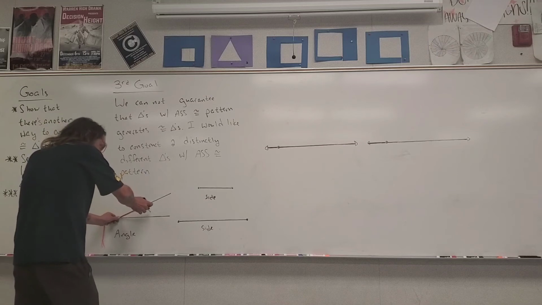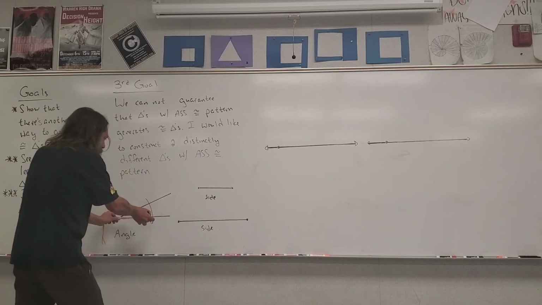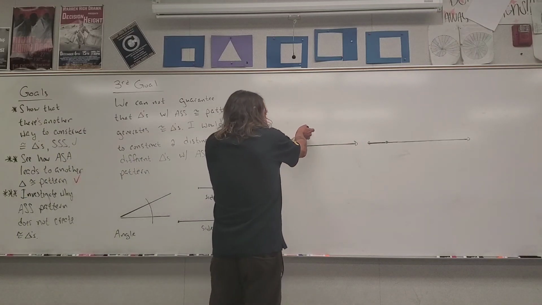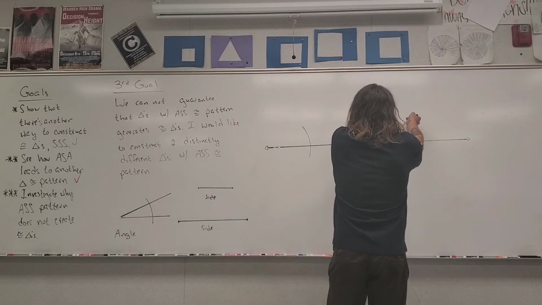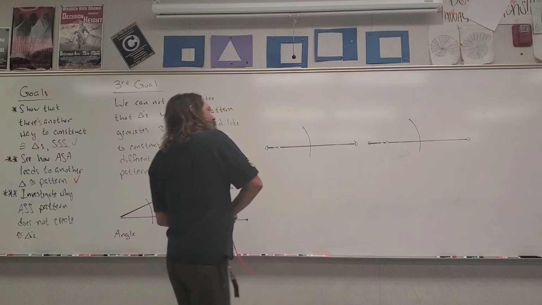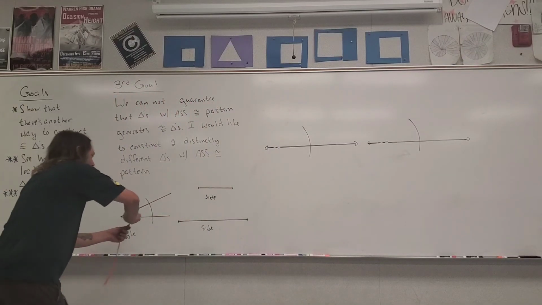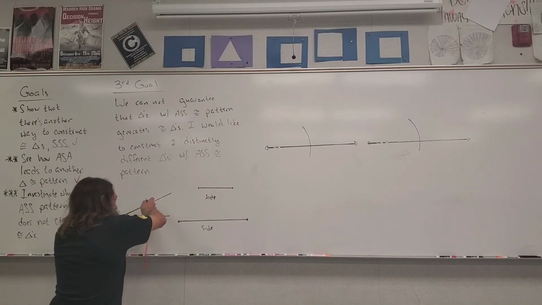All right, so remember I mark how far out I'm going to measure my angle for how much it opens. So I'll do that twice. Okay. And then I measure how much my angle opens at that length.